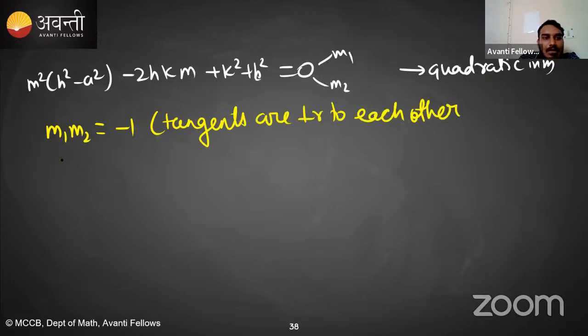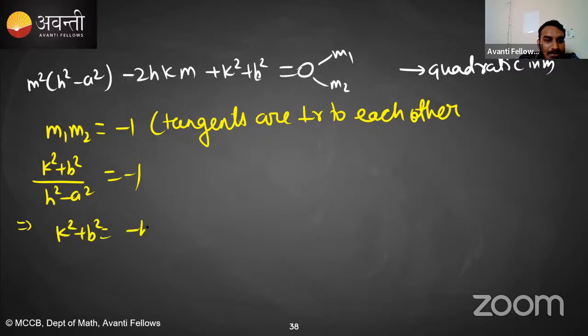It means m1 into m2, the product of slopes, is k square plus b square upon h square minus a square, which is equal to minus 1, right? So from here you will get k square plus b square is equal to minus h square plus a square. So you can say that h square plus k square is equal to a square minus b square.